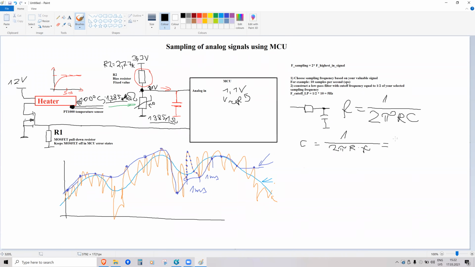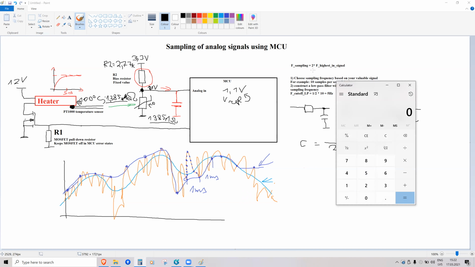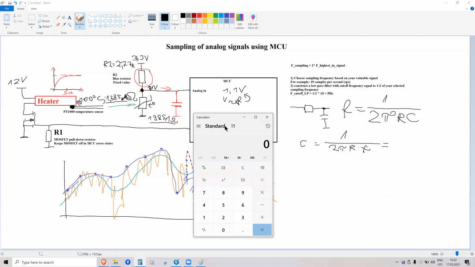And that will be 2 times 3.14 times the resistor, which is 2,770 ohms, times the frequency, which is 5. And then 1 divided by this value. I'll multiply, this will be millifarads, and this will be microfarads.